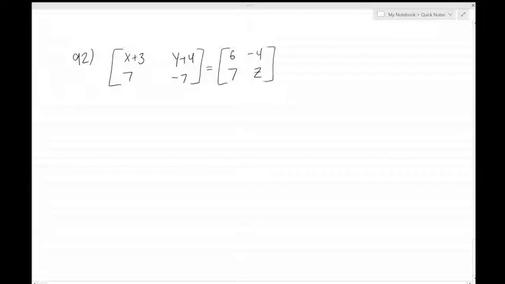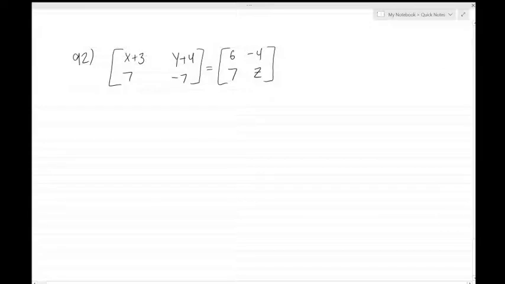Okay. First of all, both matrices have to be the same dimensions. And if they are, then we can go ahead and solve the problem. But if they're not, then we shouldn't even continue. We just say that they're not the same dimensions. We can't figure out the value of the variables.